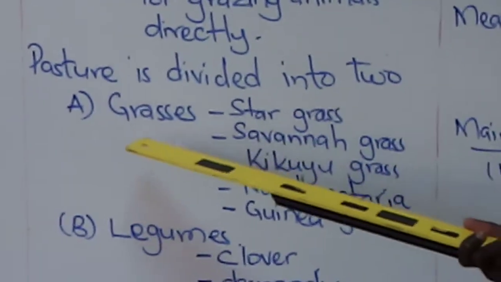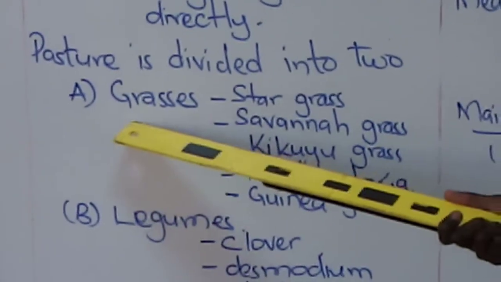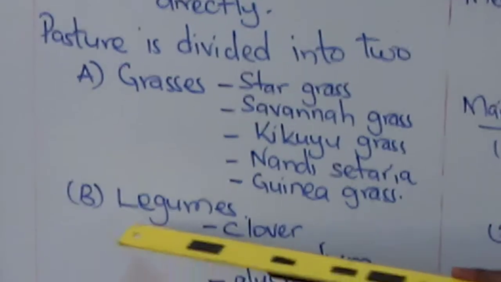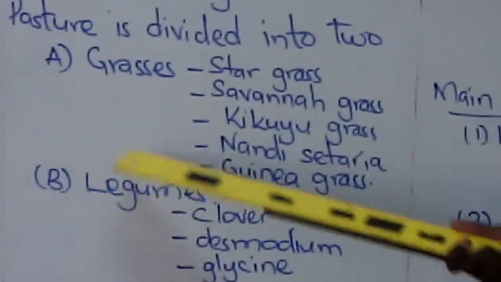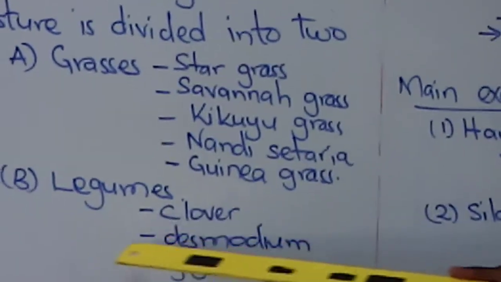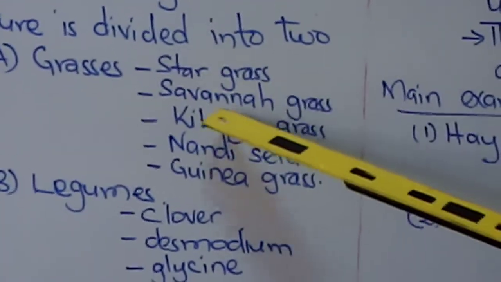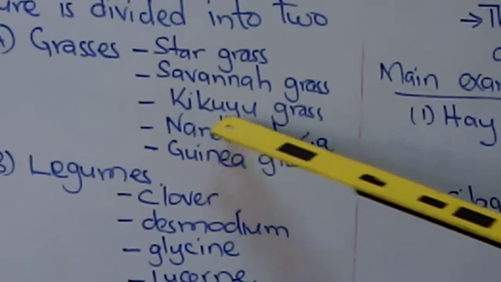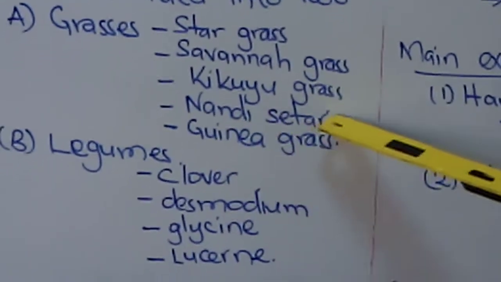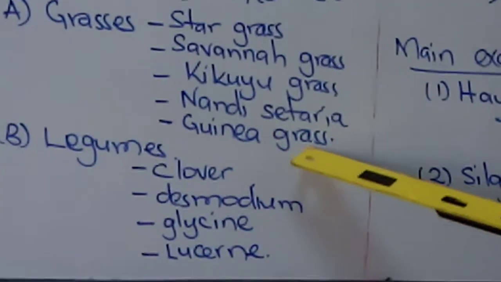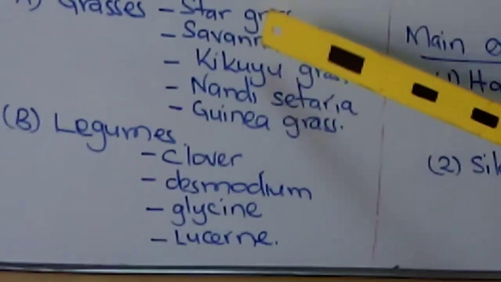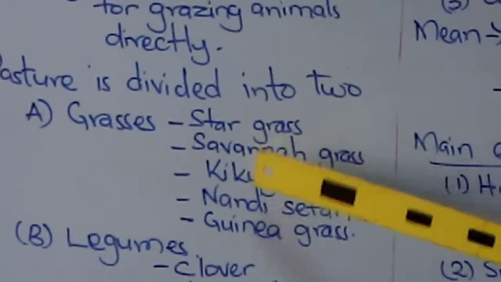We have pastures made of grasses, and pastures made of legumes. Remember, grasses and legumes are different. Grasses may include the star grass, the savanna grass, the Kikuyu grass, the Nandi setaria, and the Guinea grass. These are the grasses that make up a pasture.